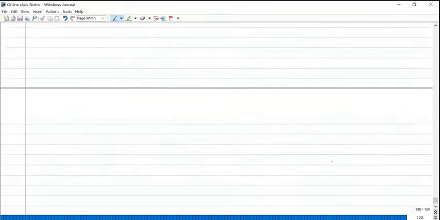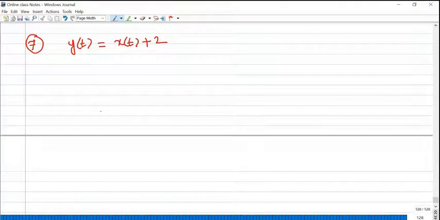Very simple question. You no need to think much. There is no integration, differentiation. Just y of t equal to x of t plus 2. Whether stable or unstable.